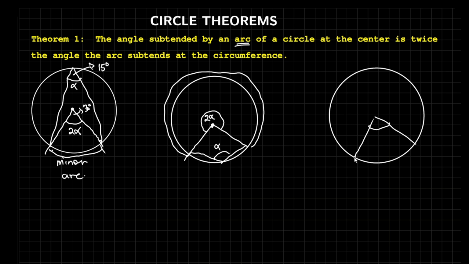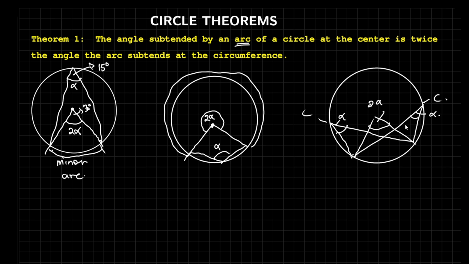It could be right on the side. And then this could also go this way. All of this is at the circumference, this is also at the circumference. So the same thing goes, this is 2 alpha, and this is alpha, and this is also alpha.